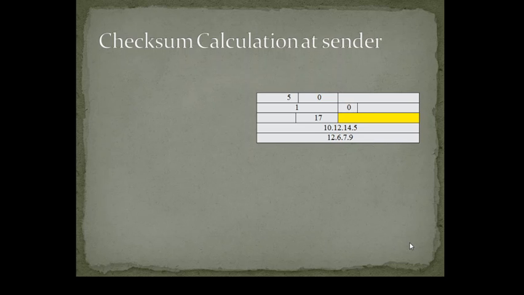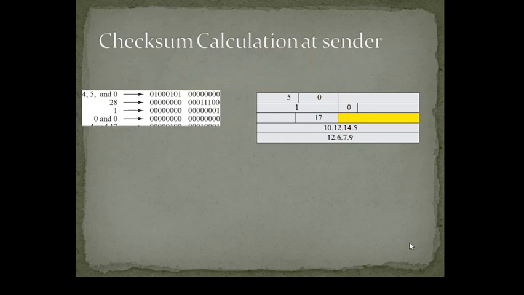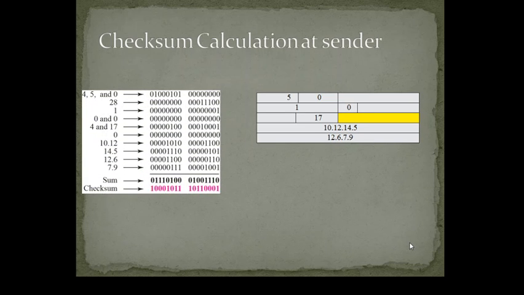Now let us see how the checksum is being calculated. As I told, 16 bits will be considered. So this 16 bit, 8 bit, 8 bit, and this 16 bit, next 16 bit, next 16 bit, and in this way all the 16-bit fields.